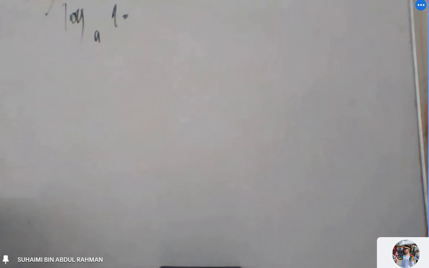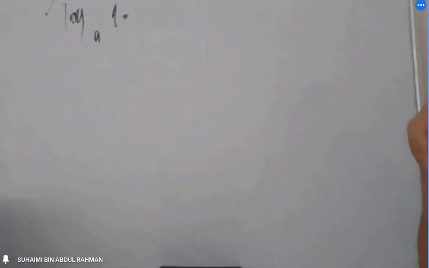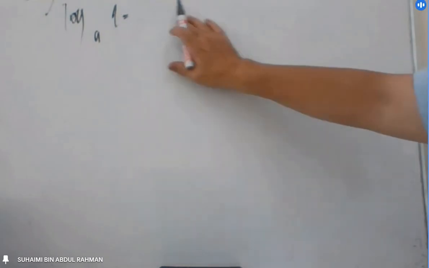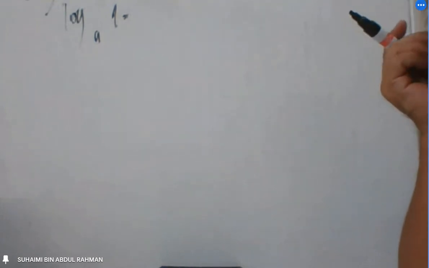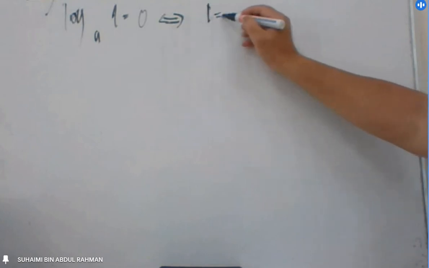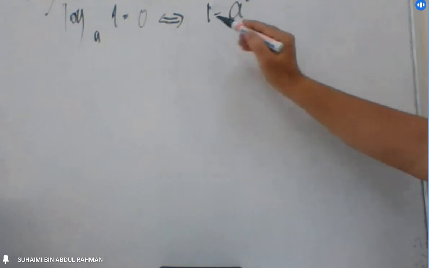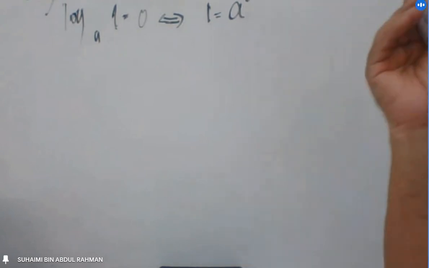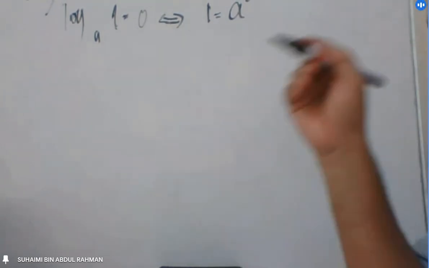Log a 1 equals what? You relate with the exponential function. Zero. Why? When you relate, you get 1 equals a to the power of 0, meaning that to get 1 here must be a to the power of 0, because everything to the power of 0 must be 1.